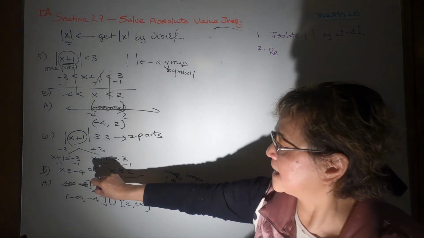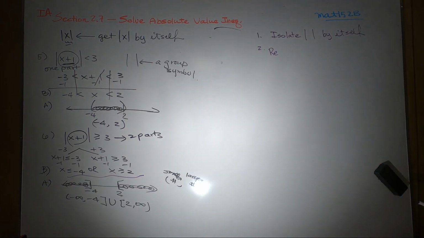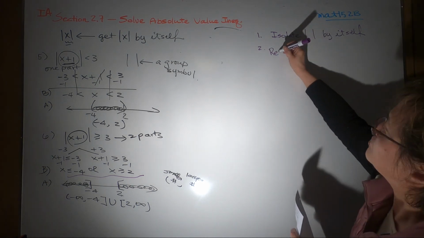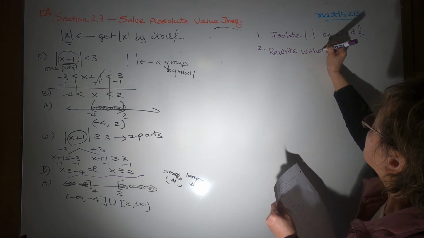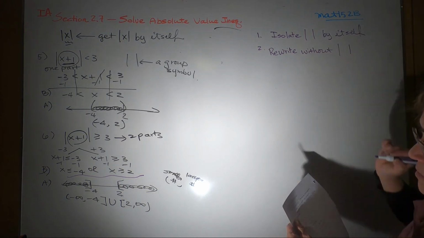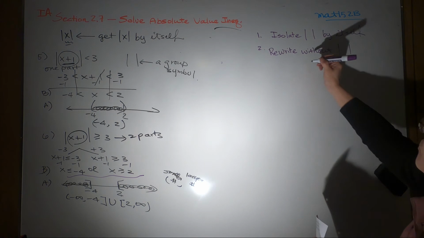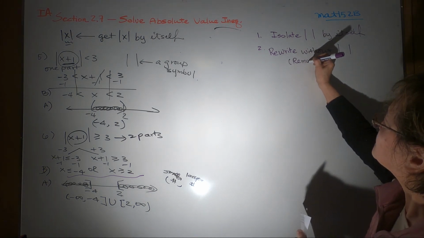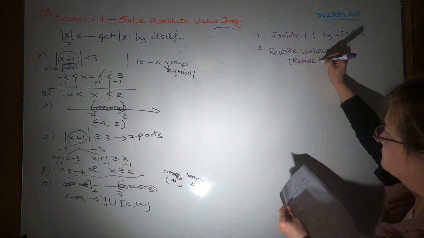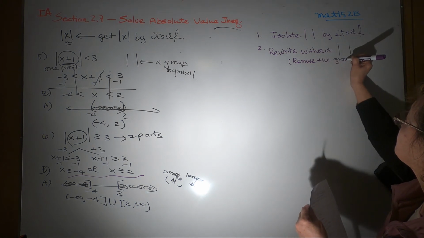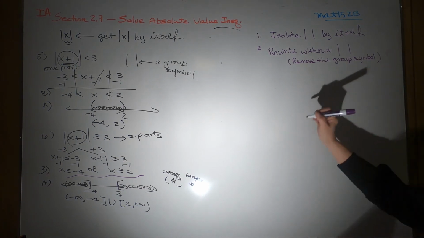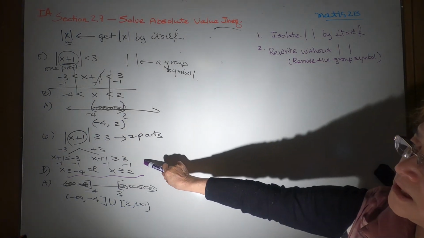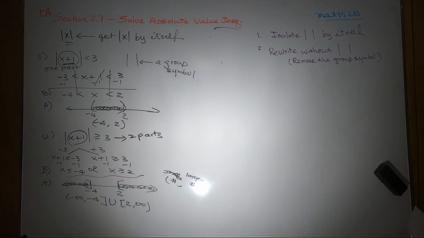So just write it like usual inequalities. So the next one we will do is we will rewrite it without the absolute symbol, right? We will remove the group symbols. By doing what? Rewrite it either one part or 2 parts, right?